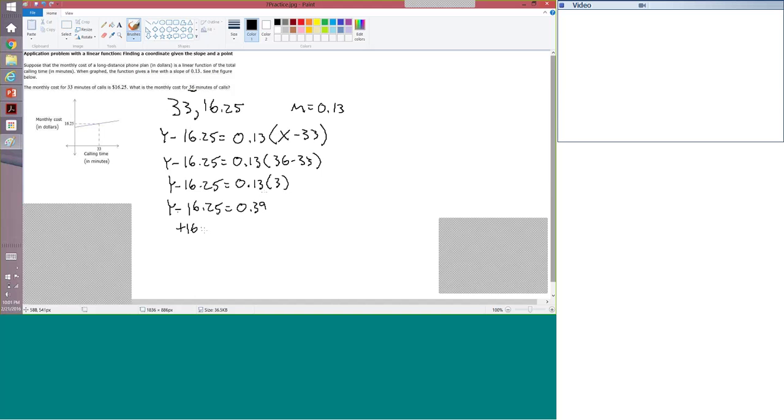If I add 16.25 to both sides, there you go. We find out that his cost when he used 36 minutes is going to be $16.64.